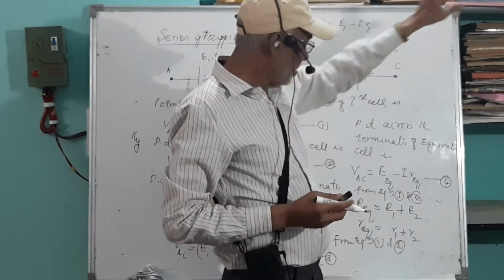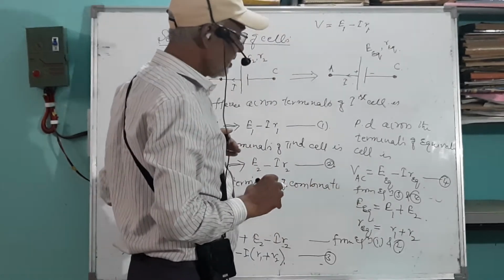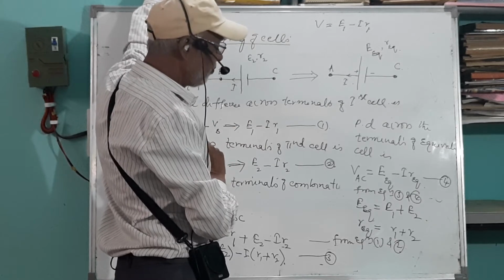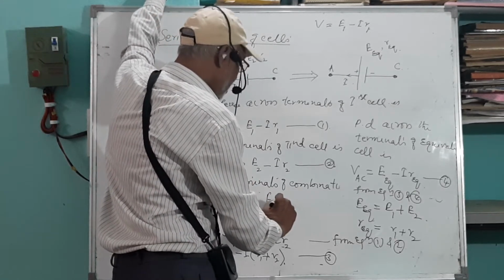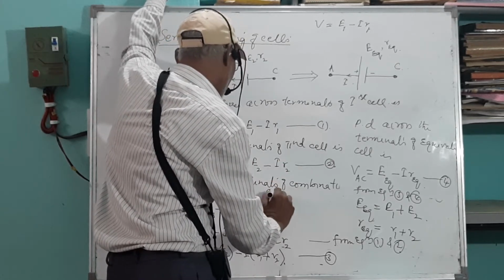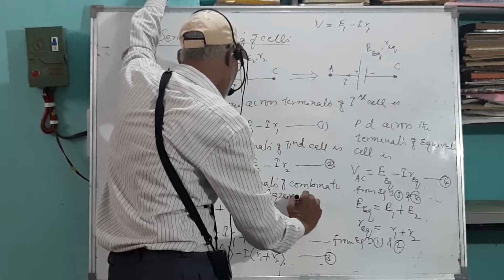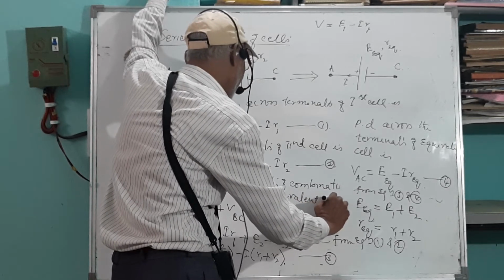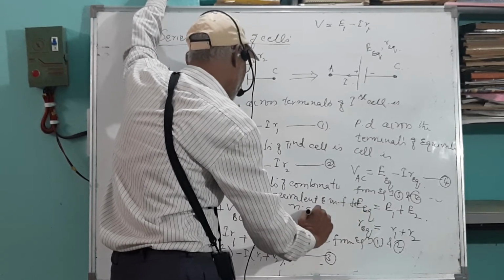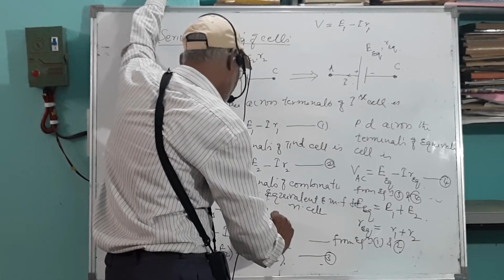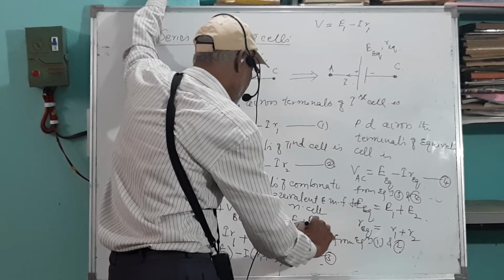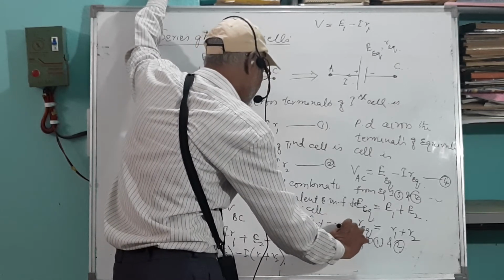If there are n number of cells, what is the expression for the equivalent EMF? For n cells, the equivalent EMF we can write as E equivalent equals E1 plus E2 up to En.